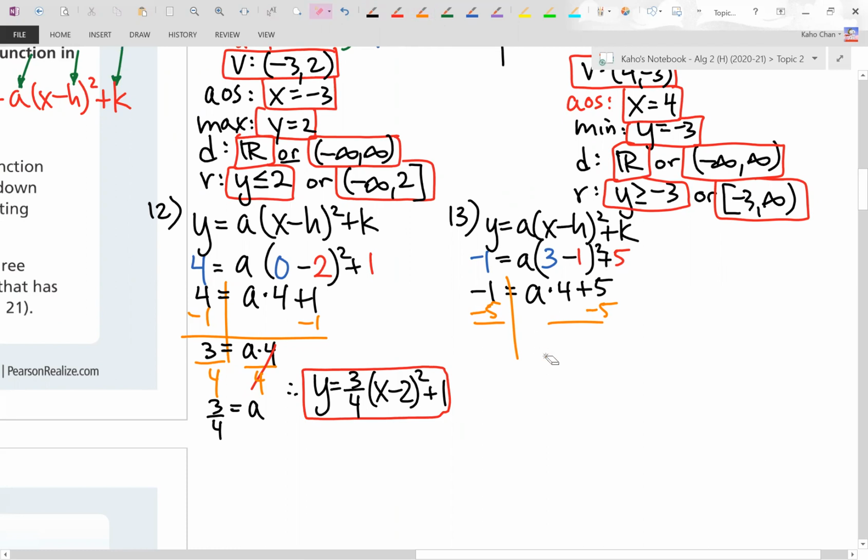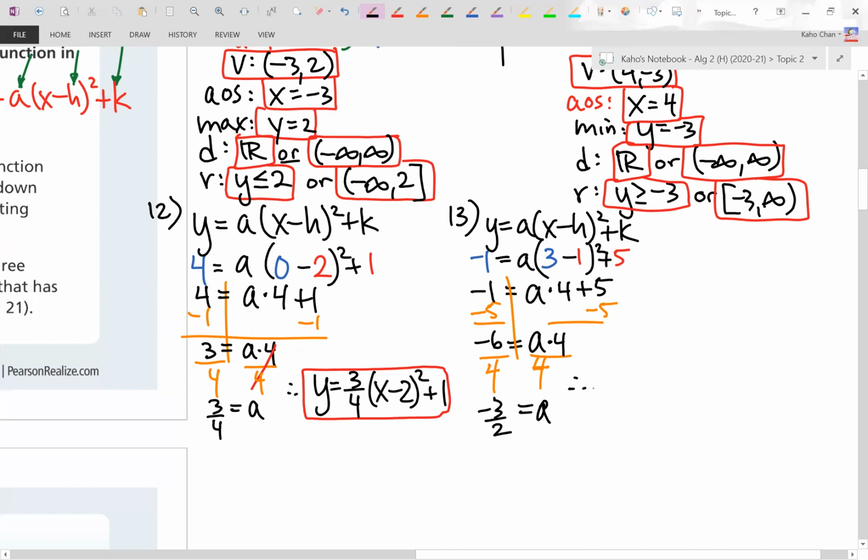Whoops. -1 minus 5, of course, -6. Divide through by 4 on both sides. And a equals, reducing that improper fraction, -3/2. Yay.